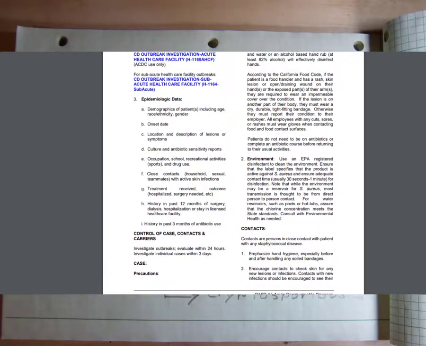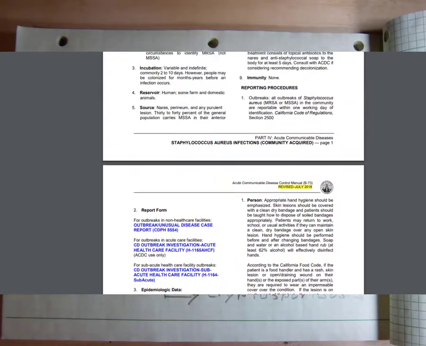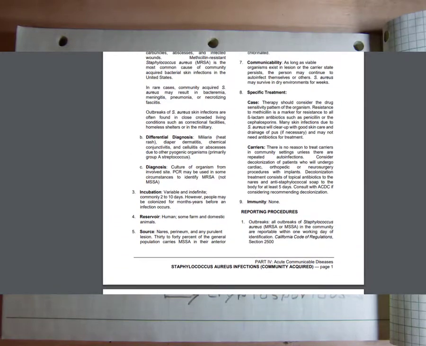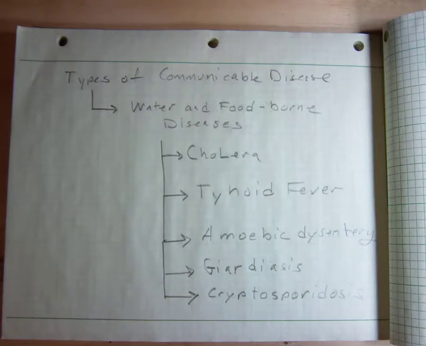Let's look at typhoid fever. Until the beginning of the 1900s, typhoid mortality rates in some urban areas of the United States were as high as 650 deaths per 100,000 population.